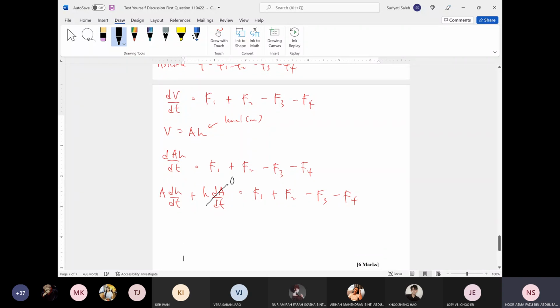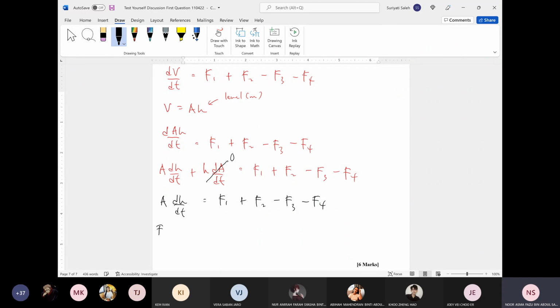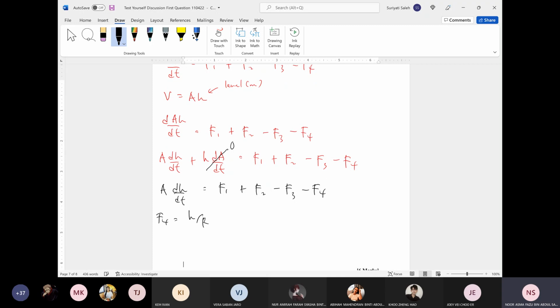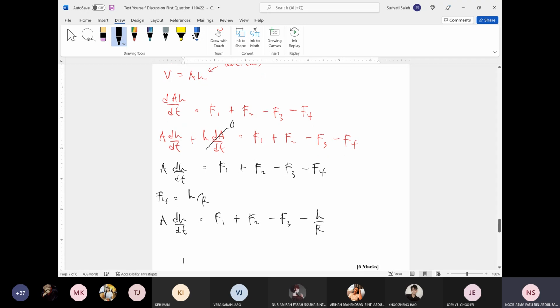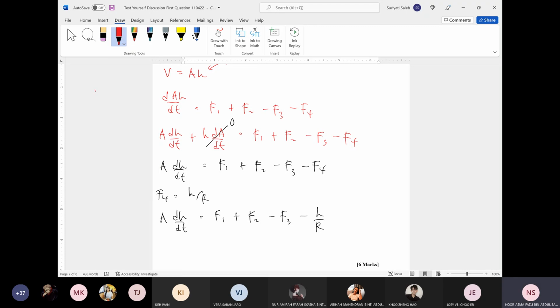So you have A dH/dt equal to F1 plus F2 minus F3 minus F4, where F4 equals H over R based on the given linear valve resistance relationship. You can substitute H over R: F1 plus F2 minus F3 minus H over R. This equation is considered the dynamic state equation for your case.